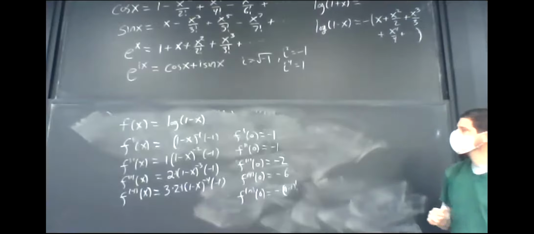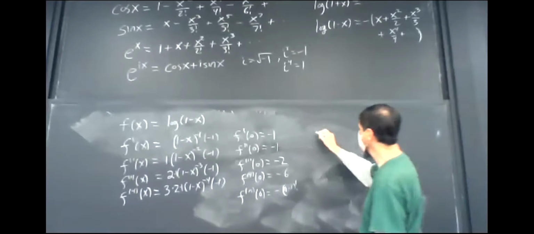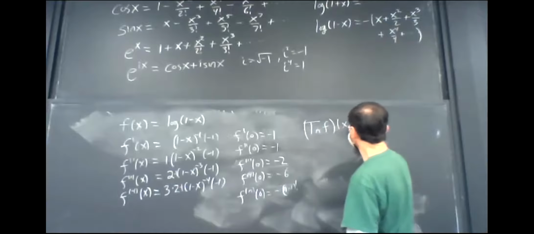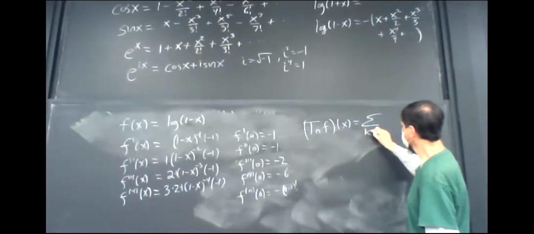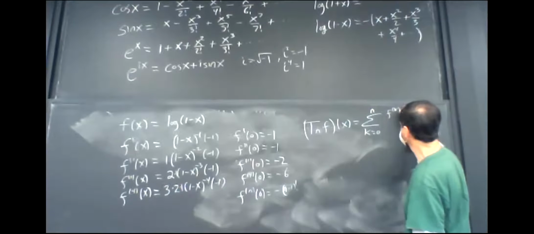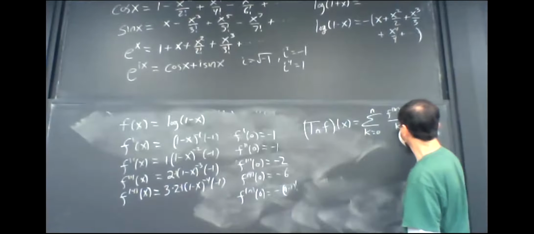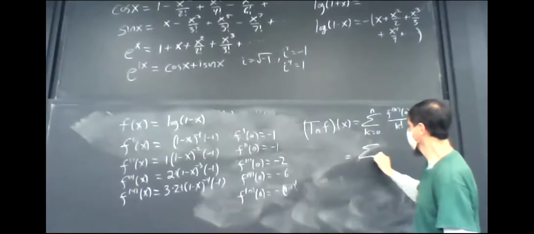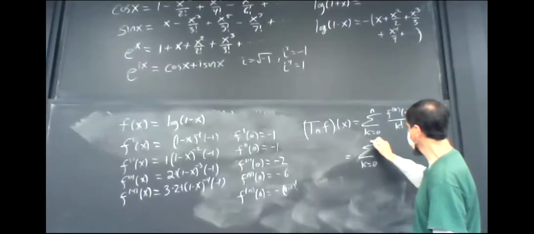And now we can put this into the expansion. So the nth order Taylor series is the sum, k goes from 0 to n, of the kth derivative at 0 over k factorial x to the k. So it's the sum k goes from 0 to n.